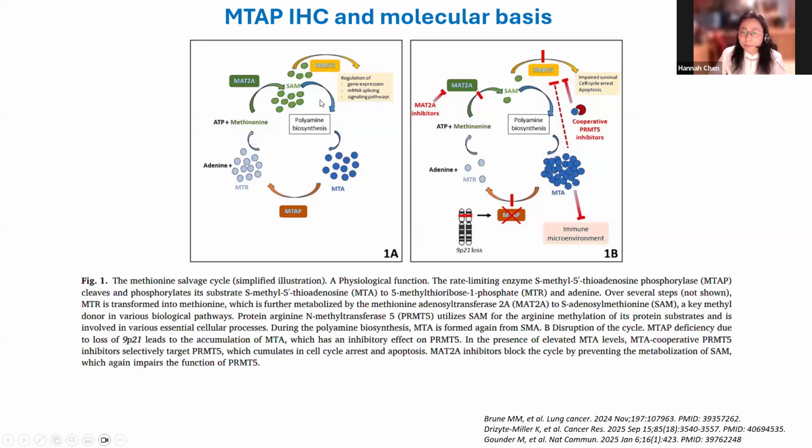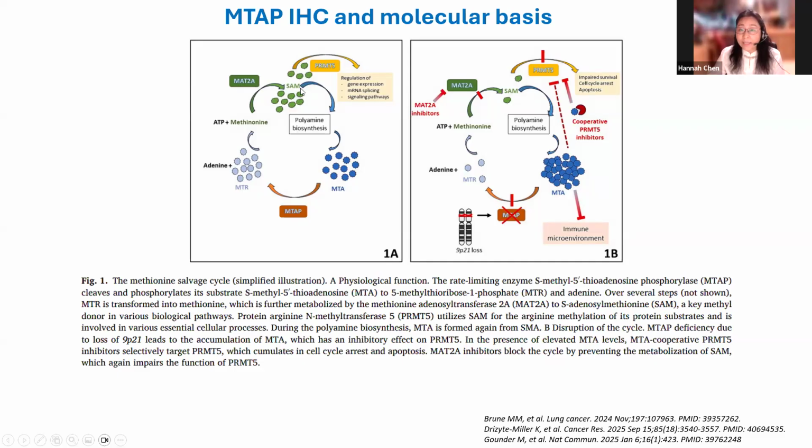So there is a substrate. MTAP functions as a rate-limiting enzyme for this reaction from the substrate MTA to the product MTR, and after several steps, methionine is produced. And then there is another reaction from methionine to the product SAM, with another important enzyme, MAT2A. Just remember it's also an important enzyme.